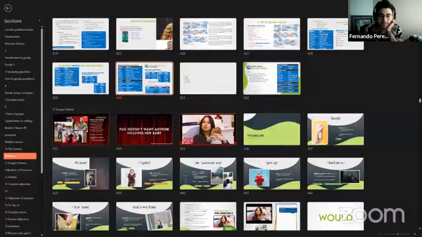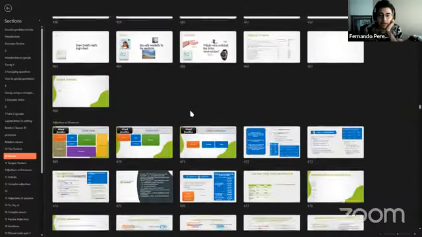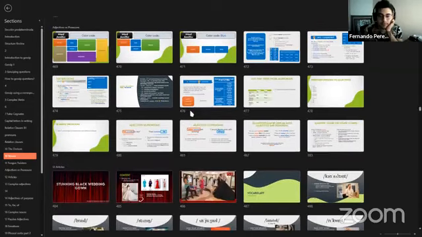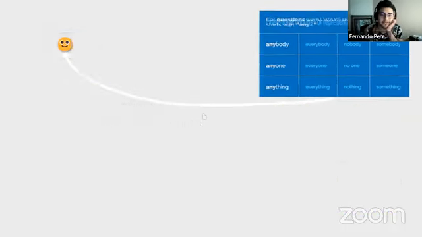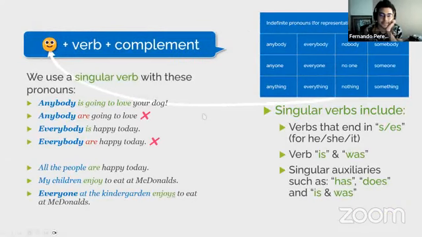Plural nouns, exceptions. Number 2, indefinite pronouns. We saw the words anybody, anyone, anything, everybody, nobody, somebody. All of this, the correct application of indefinite pronouns.